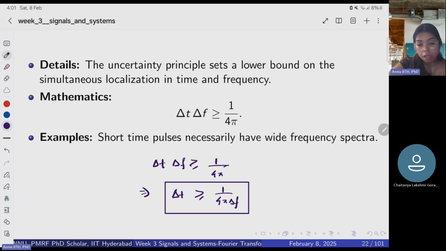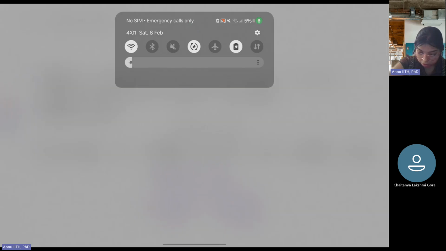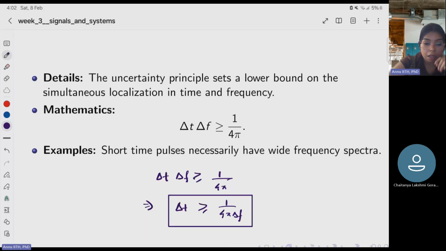What I mean to say is, if you have short time impulse functions, they have wide frequency spectra, and vice versa.